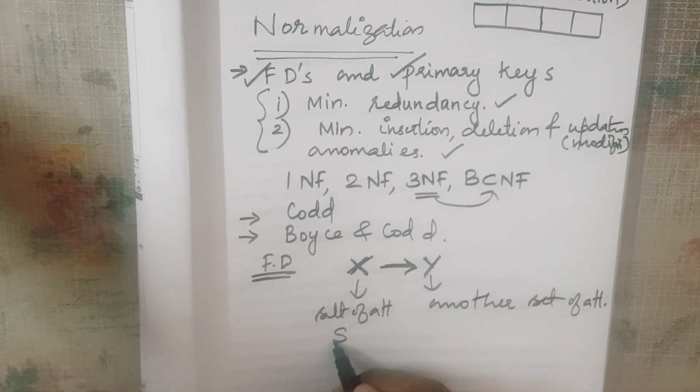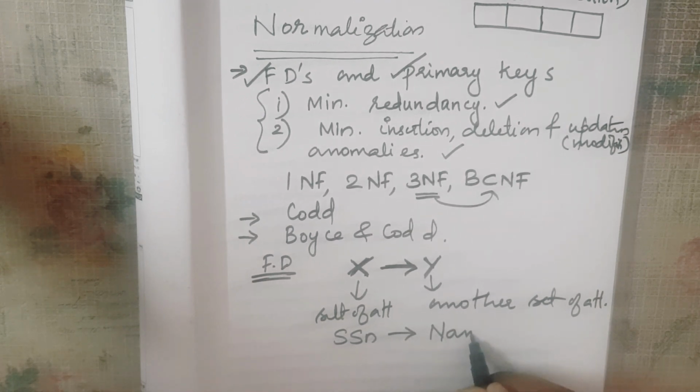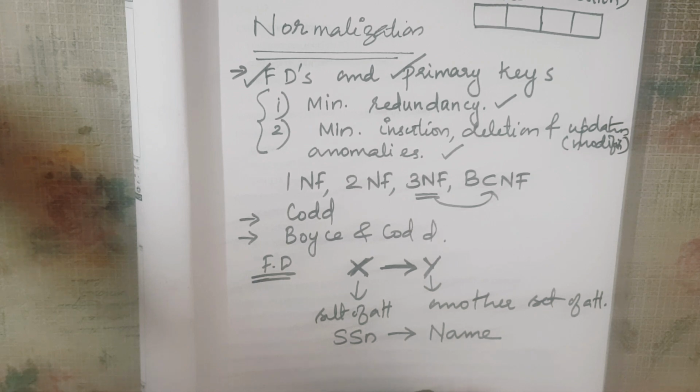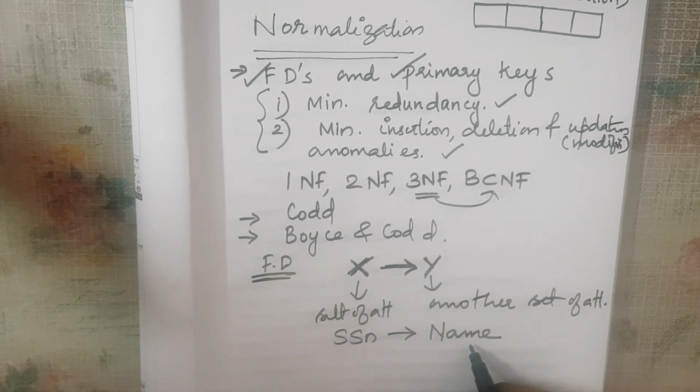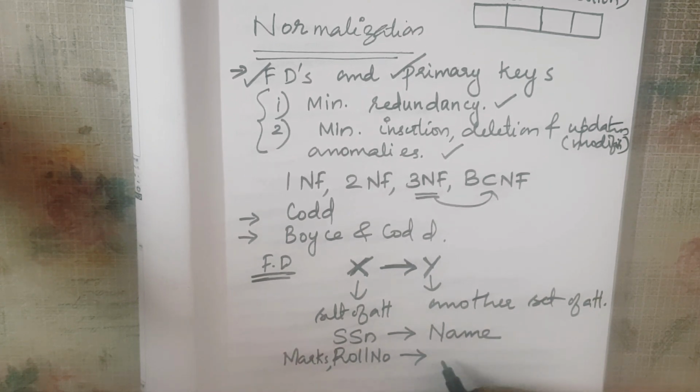Example, SSN to name. That means the SSN attribute determines the name. Roll number, marks, comma, roll number determines the percentage of a student.